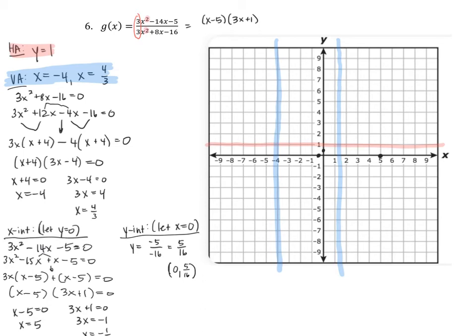We factored out the denominator and got x plus 4 and 3x minus 4. Okay, so notice that we don't have any powers on any of our factors. So that's going to make a difference, okay? So we have no powers on any of the factors.